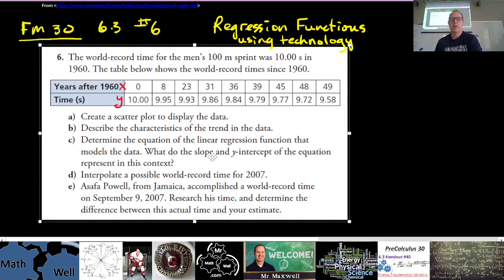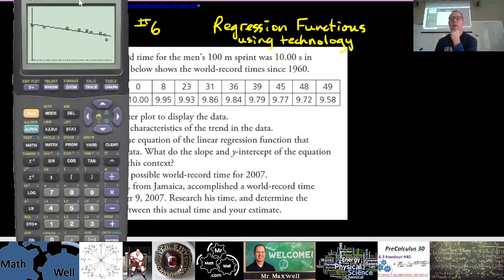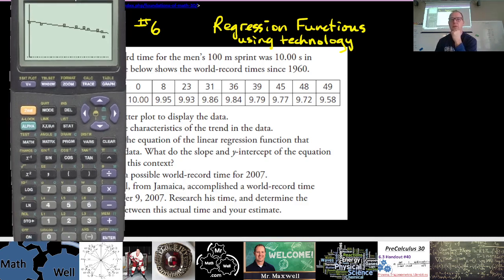All right, so let's keep going here with this question. What do the slope and y-intercept of the equation represent in this context? Any ideas what the slope represents? The slope is a, yes. What does that number represent? Oh, okay, rise over run, y over x.